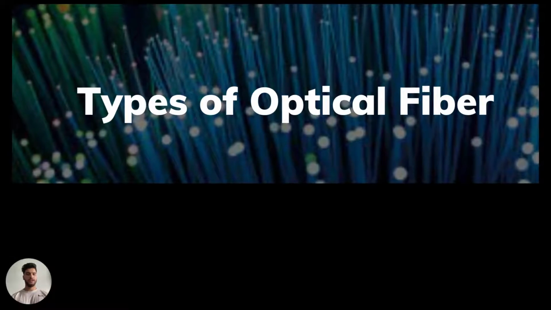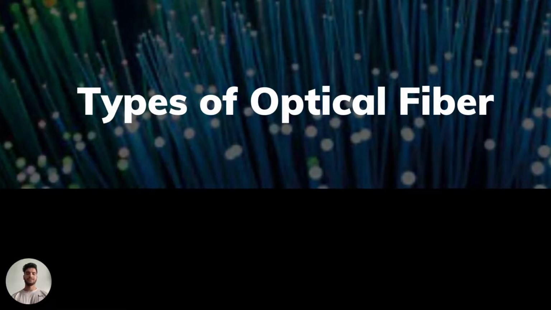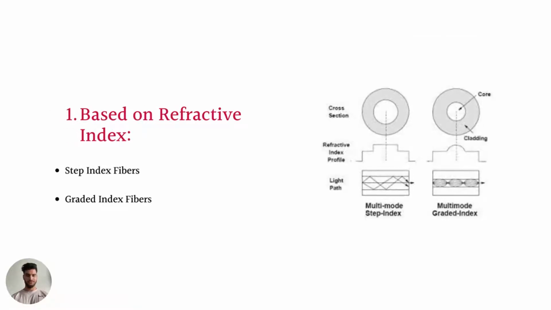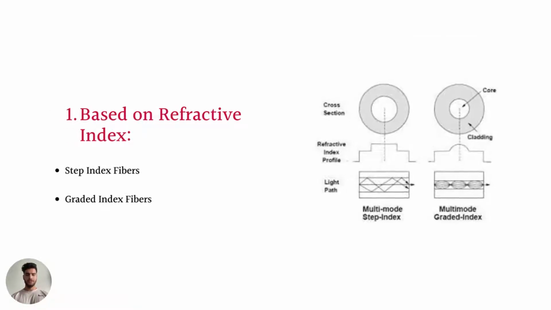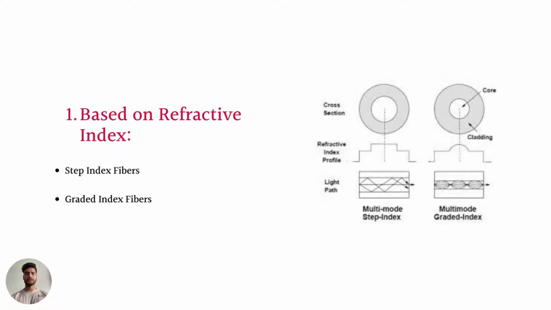Types of optical fiber. There are various categories in which an optical fiber can be classified. Based on refractive index: step index fibers consist of a core surrounded by the cladding, which has a single uniform index of refraction.